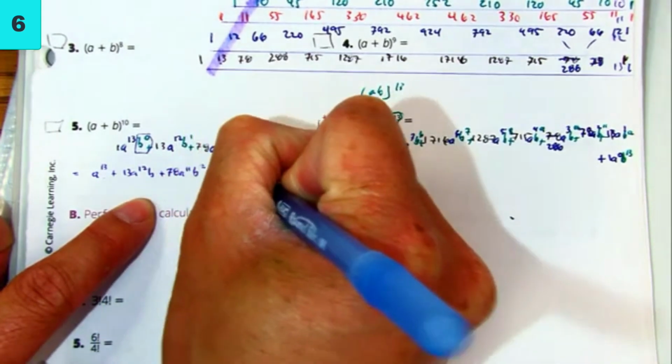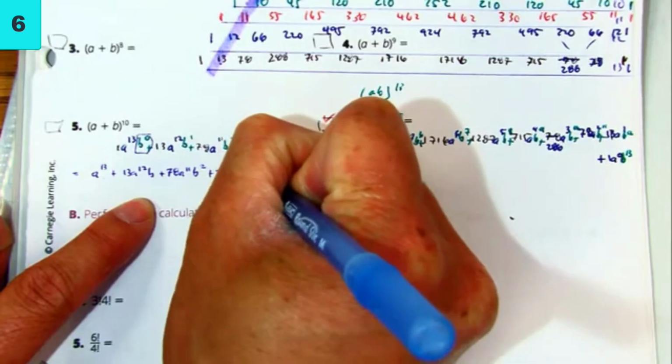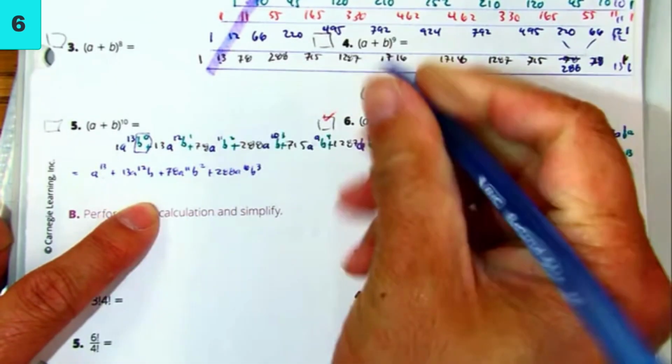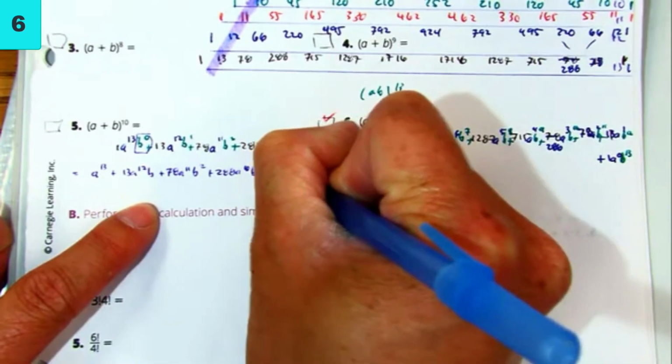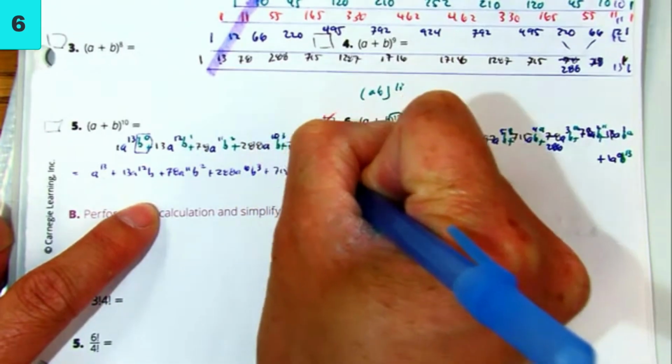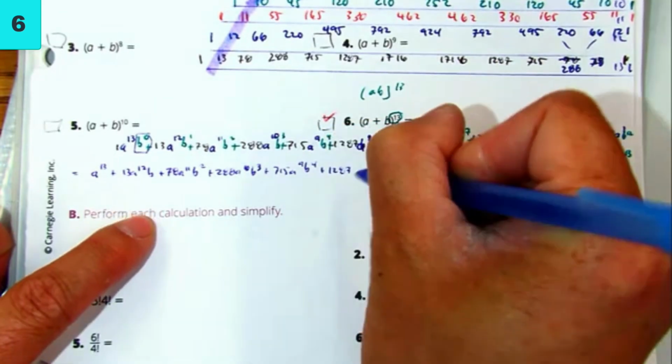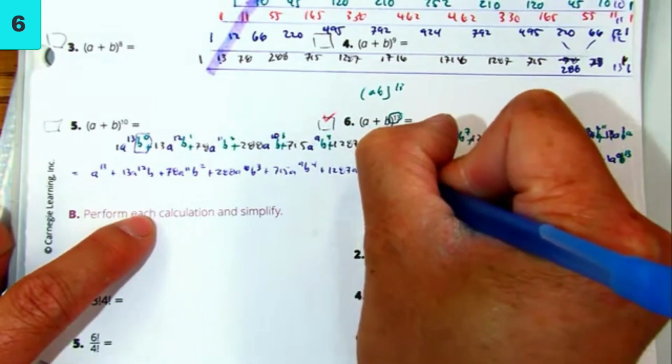288, a to the 10th, b to the 3rd, plus 715, a to the 9, b to the 4th, plus 1287, a to the 8th, b to the 5th.